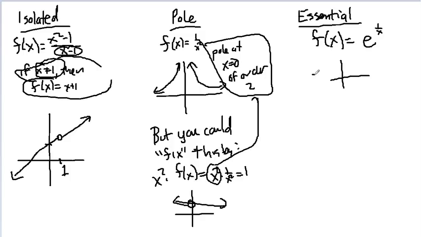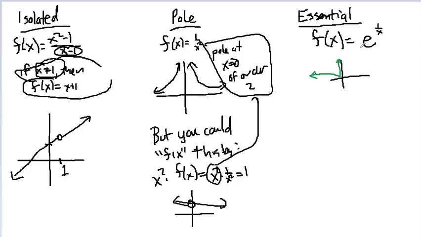As x goes to negative infinity, you're going to basically get e to the 1 over negative infinity, which is basically 1. But then as you get closer, you're going to get smaller.